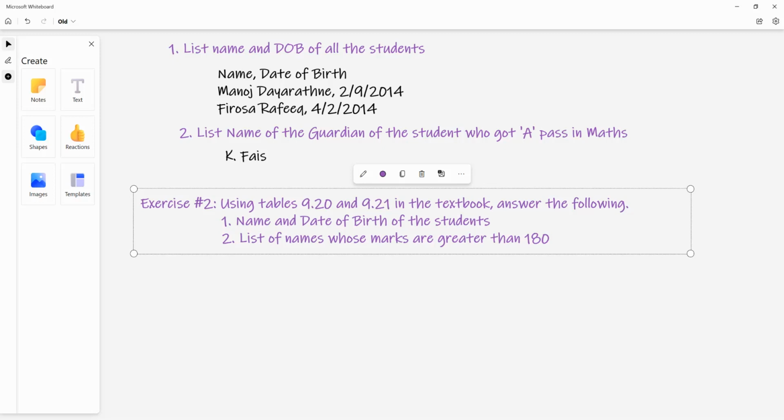In my case, we have a student table and then we have a marks table. I think the labels are wrong, isn't it? So 9.20 is the marks table, and 9.21 is a student table, isn't it?